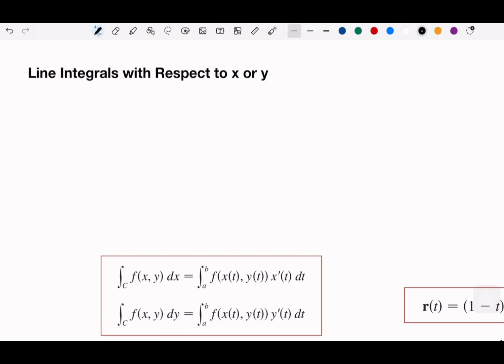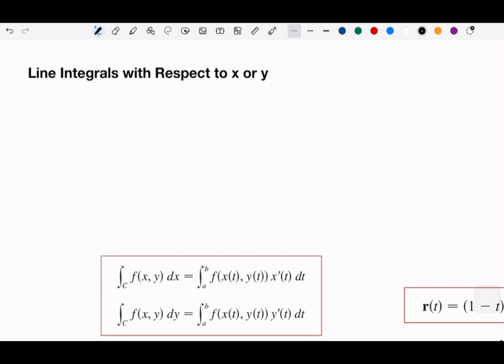So if you're wondering, I'm taking most of this line integrals section from the calculus textbook actually. The engineering mathematics textbook has the same content, but I need to make sure that we have more familiarity with the contents about the line integral. So that's why I'm using the calculus textbook, the vector calculus.